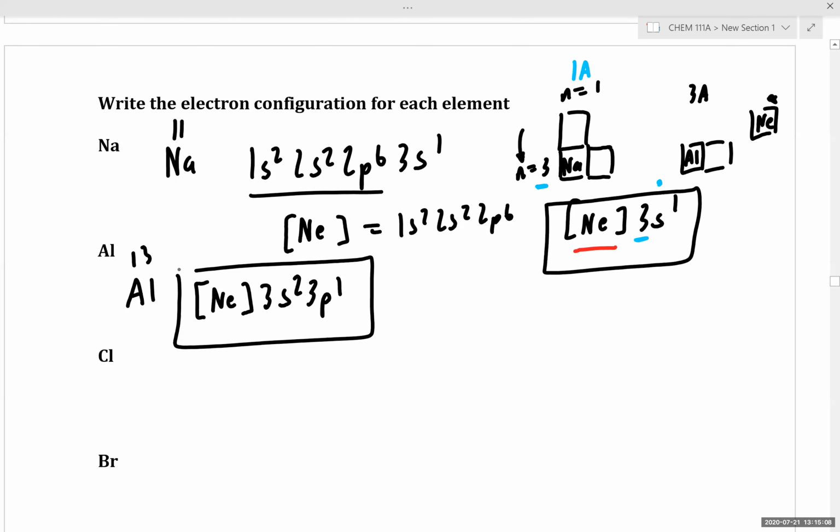That in turn gives us the following configuration for aluminum. This is an alternative method that's driven by looking at the periodic table, identifying your preceding element, and using the group number to calculate the number of valence electrons, and then filling the valence electrons in from the lowest to highest energy valence or outermost orbital.